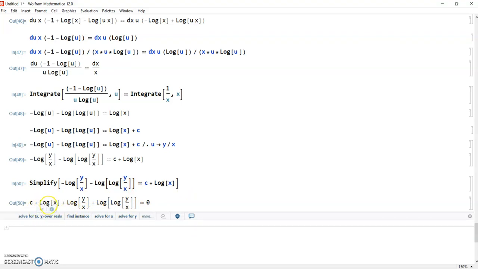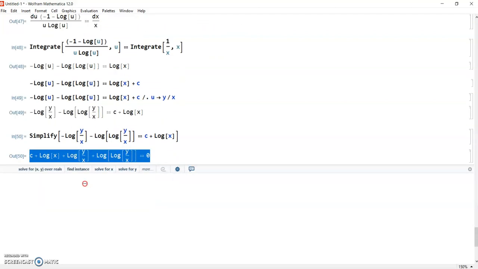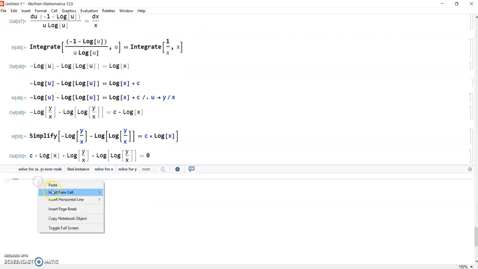So c, log x and log y over x. So I think Mathematica did not simplify this, because log x and log y minus log x will be cancelled out. So we can do this simplification manually.